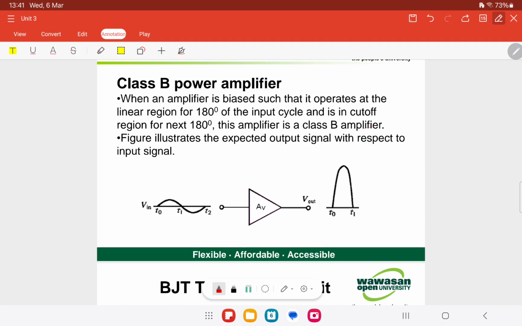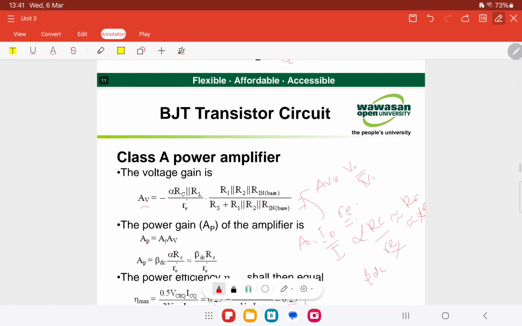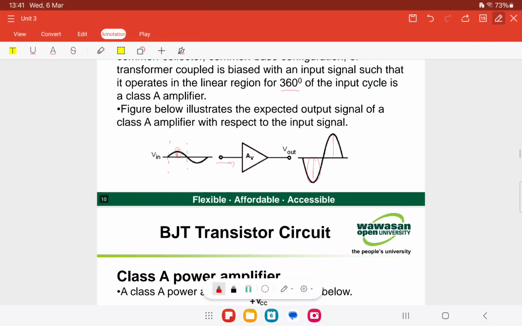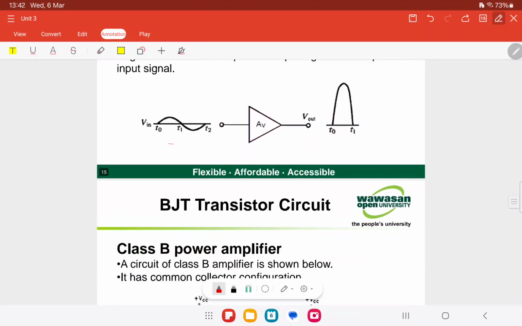Originally we have this input signal, same as the class A power amplifier, with positive and negative cycles. After going through the class B power amplifier, we have this type of output.